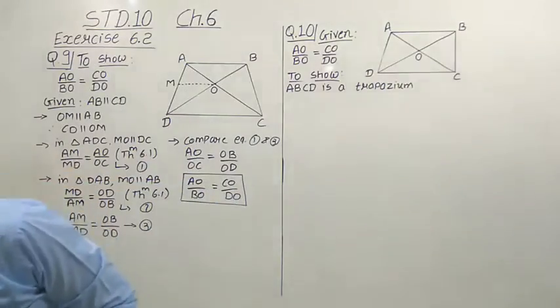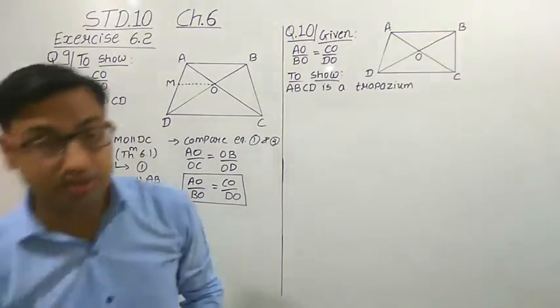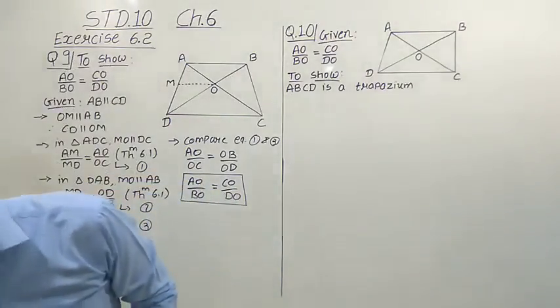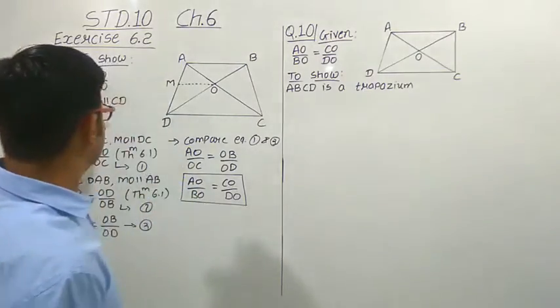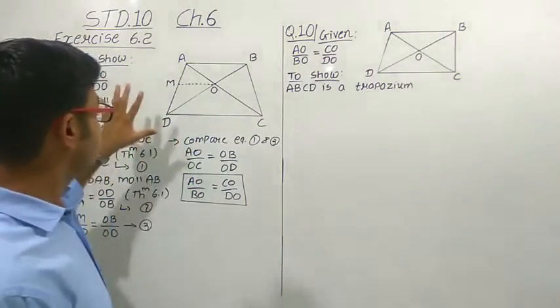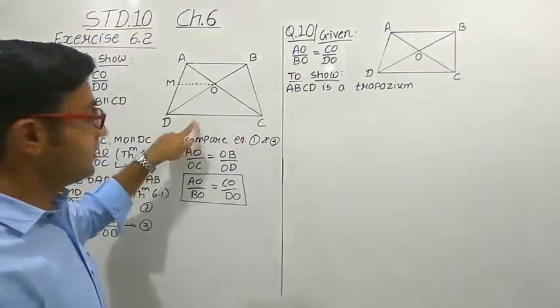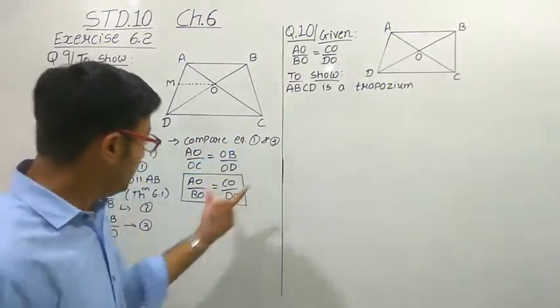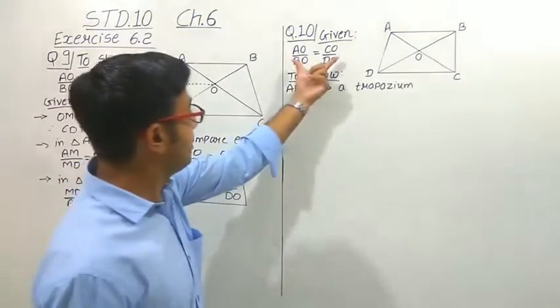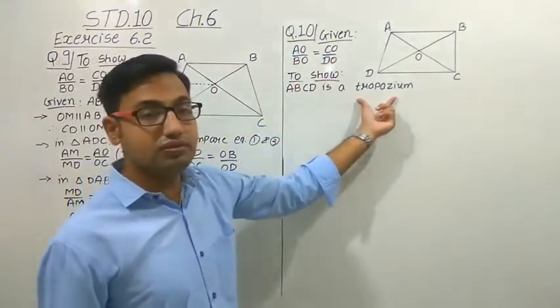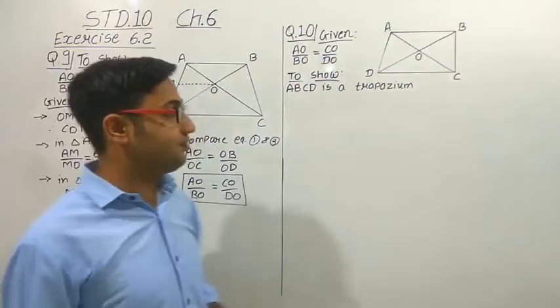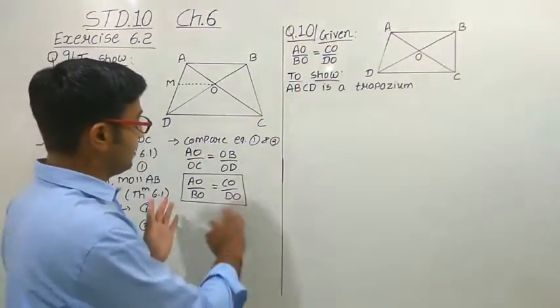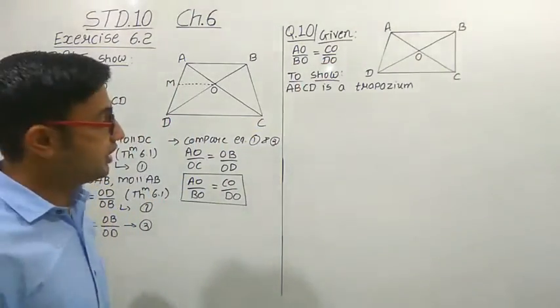So see, this sum is like the converse of the previous sum, because in that sum we were given that ABCD is a trapezium and we had to prove this thing. While in this sum, this thing is given, and what we have to show is that ABCD is a trapezium. So here we have to do the reverse process.